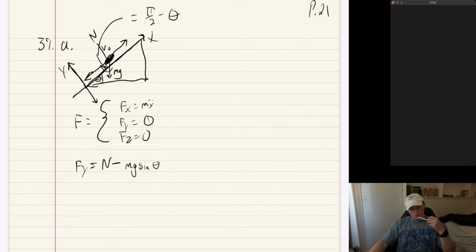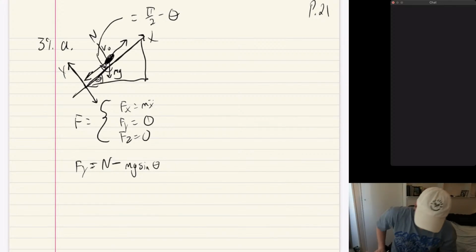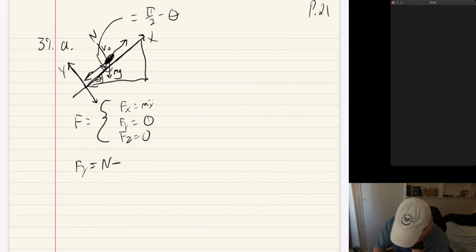I'm confused again. No. Okay. Because that's not exactly in the same direction, so it would be whatever that angle is. Okay, hold on. Is this cosine? I'm confused. I'm getting my things mixed up now.